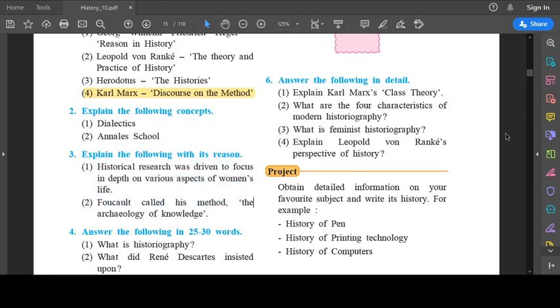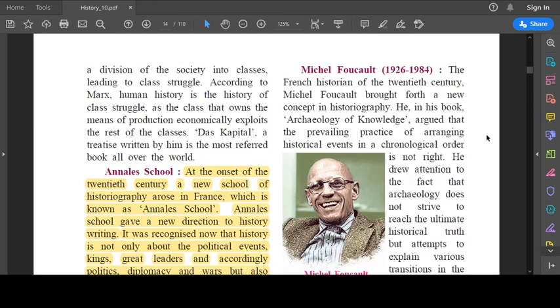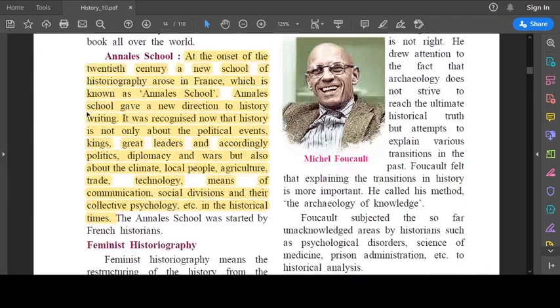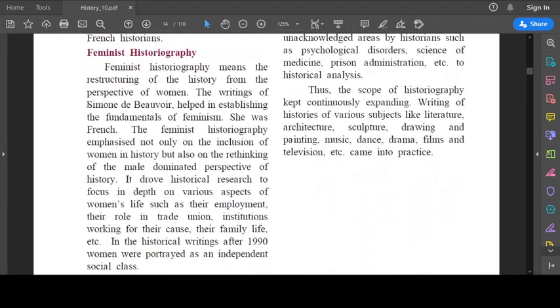So we'll go back to page number 5. Last paragraph, page number 5. Last paragraph, Feminist Historiography. Did you all get it here?